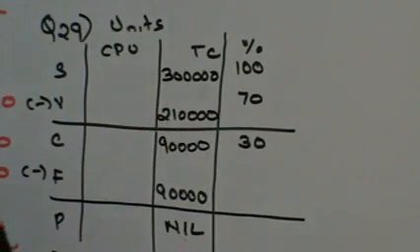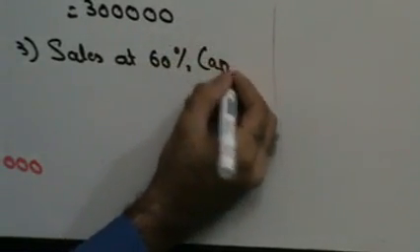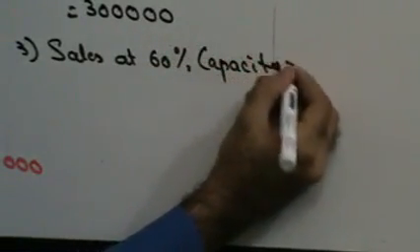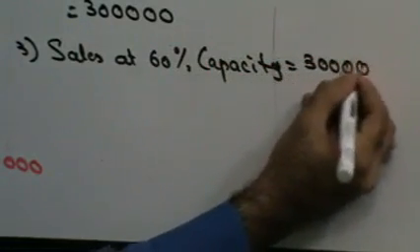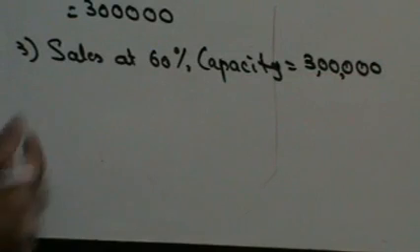What are they asking me to find out? The break-even sales occurs at 60% capacity. That means sales at 60% capacity is 3 lakhs. If this is my sales at 60% capacity, I can find out my sales at 100% capacity.